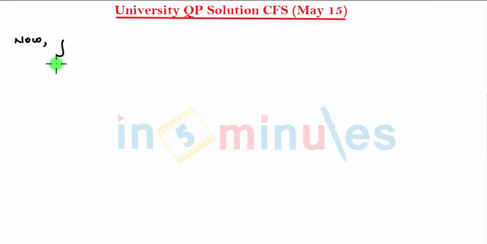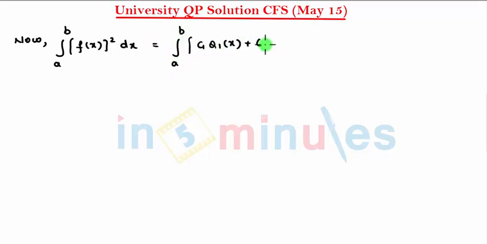So the integration from a to b of f of x the whole square dx is equal to the integral from a to b of c1 q1 of x plus c2 q2 of x plus c3 q3 of x, the square of that.